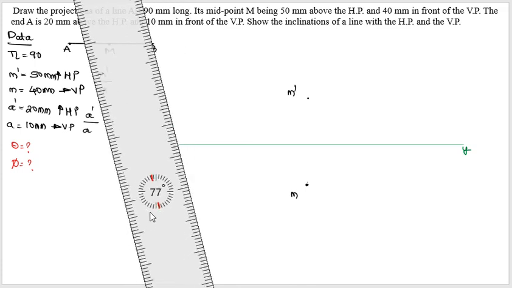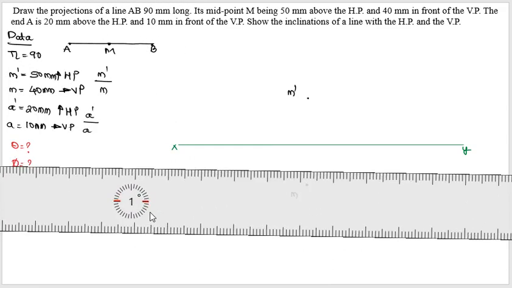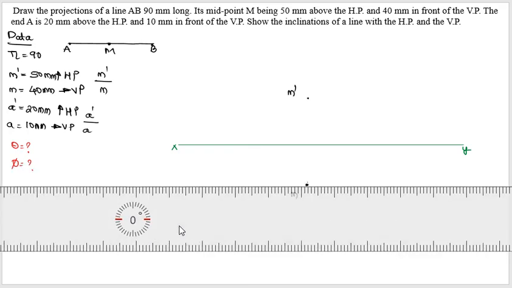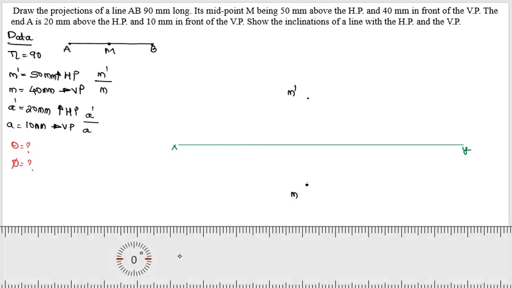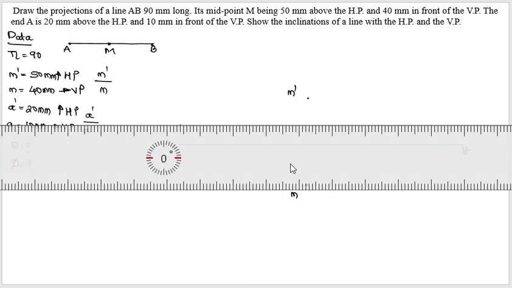Once you get the position of M and M dash, we can draw parallel lines. Take a projection line, take 20 millimeter as a reference somewhere here, and 10 millimeter. You will get two points, and parallel lines for 10 millimeter and 20 millimeter you have to draw.